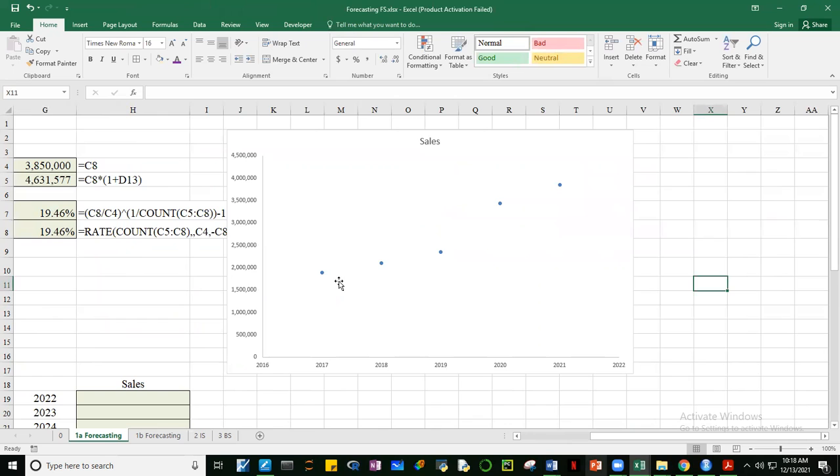Okay, so do you think, guys, there's a linear relationship between your sales and your time? It looks linear, right? Because we can place a line here that will approximate the relationship between our sales and our time. Click any point here.